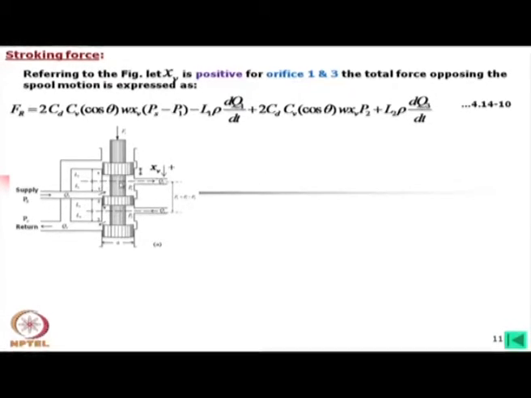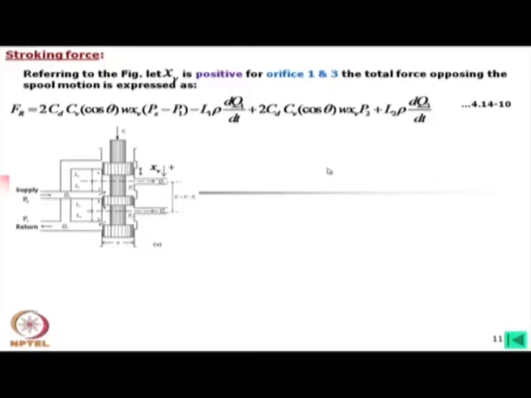If we carefully write down these equations, the actual equation will be something like this. You can see what we consider as L, in this case L1 and L3, or maybe L4, which is again equivalent to L2, which is why it is written here as L2. For one port it is plus and for the other it is minus because of the direction of flow.